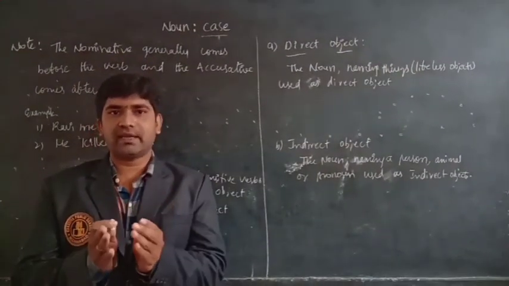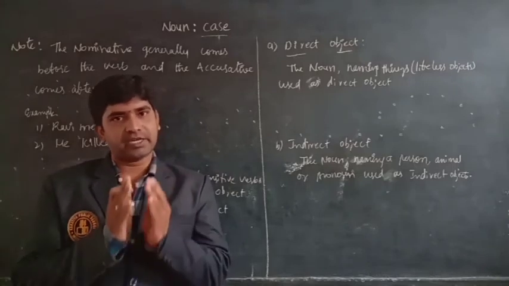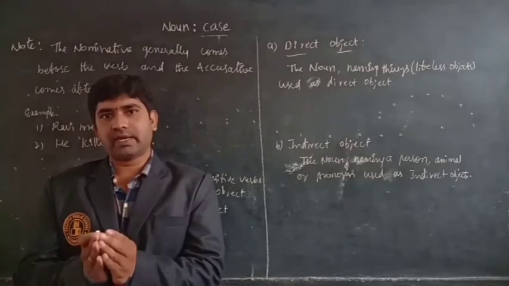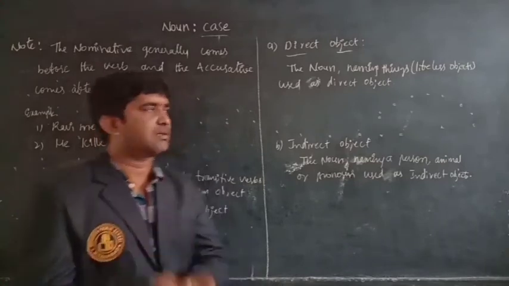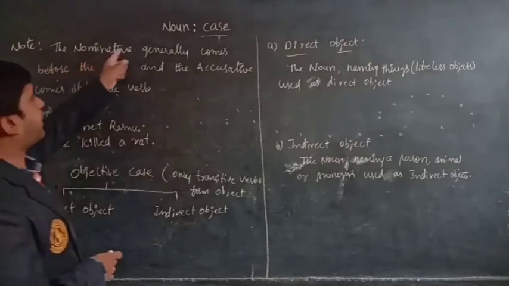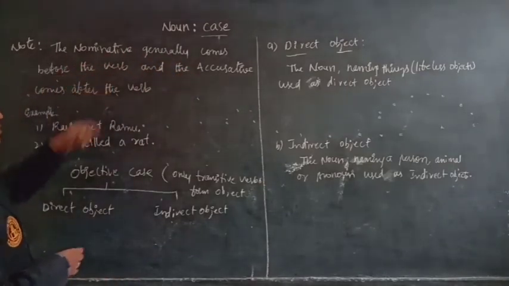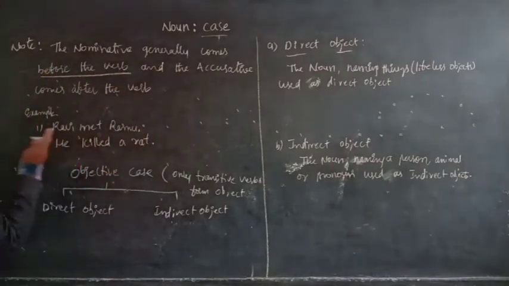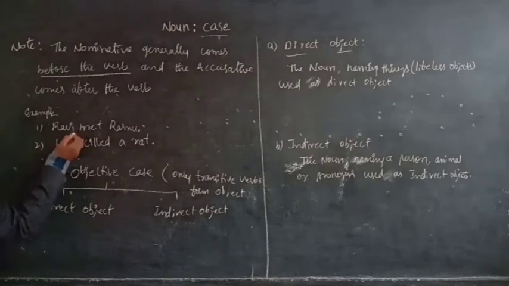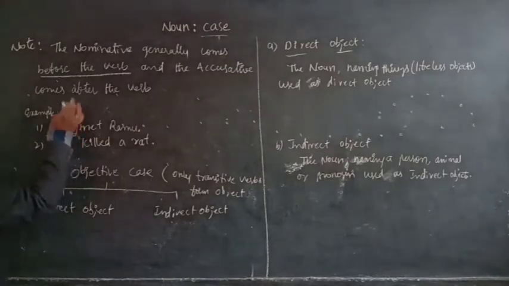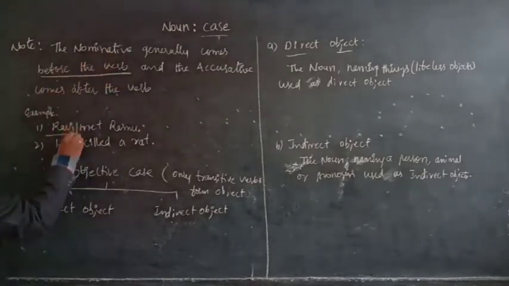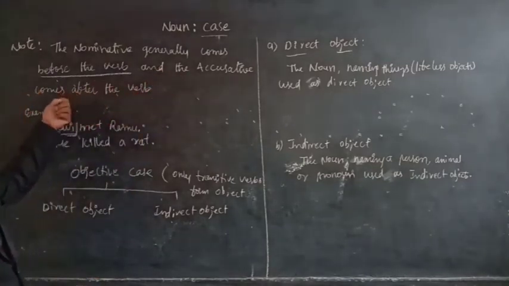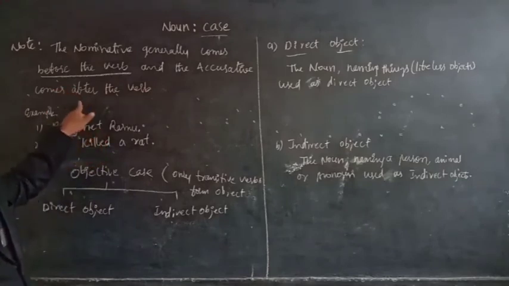Now we see where we use the subjective or nominative case and where we use the objective or accusative case. The nominative case generally comes before the verb. Whatever comes before the verb, we call nominative case or subjective case. The accusative case comes after the verb.